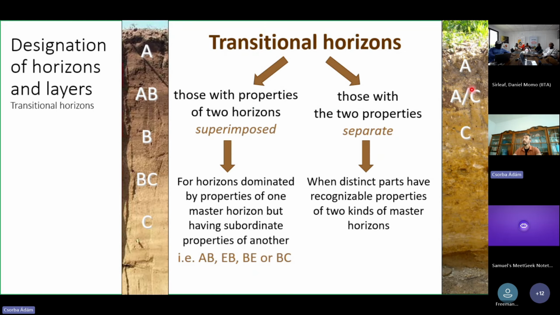So they are distinct in one horizon, and you can see distinct parts of both of them. We put a slash between the A and the C because it consists of materials from the A horizon and materials from the C horizon, but we don't see a gradual transition between the two. We see separate parts of the two horizons in one horizon. Usually this is caused by plowing, when the topsoil and the subsoil are physically mixed with each other.